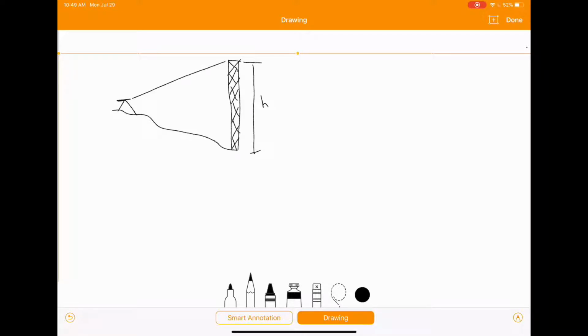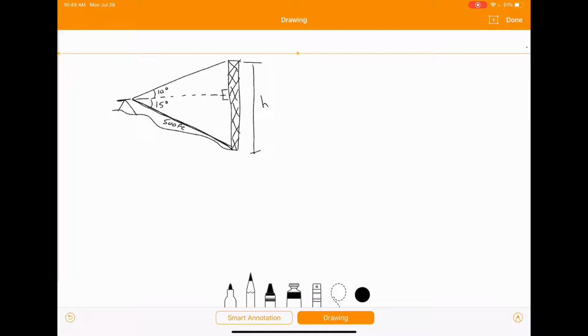But all you know from your measuring device is, if this is 90 degrees right there, this angle coming down and this angle coming up. We'll say this angle coming up is going to be 10 degrees, and this one will be 15 degrees coming down. But you've also measured this distance here to the base as being 500 feet away.